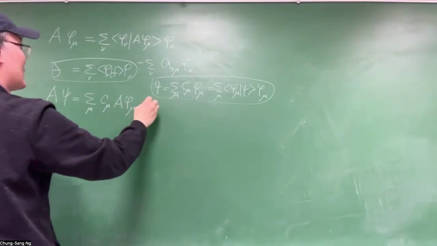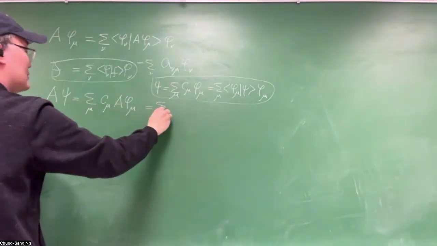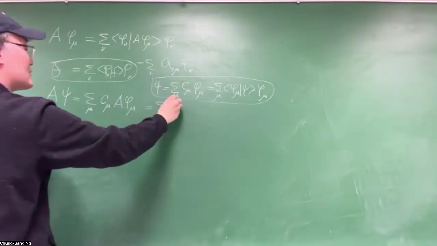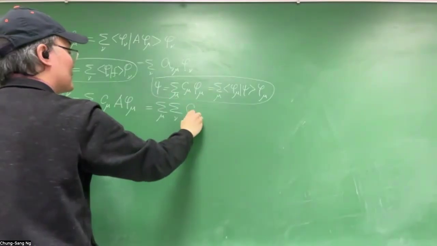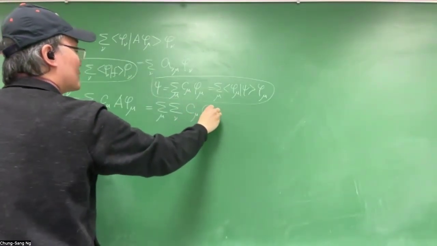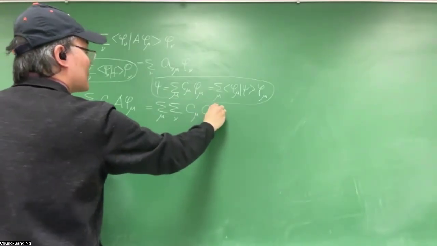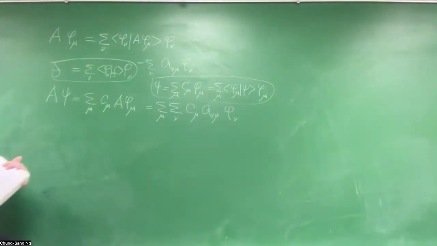We actually will probably do it both ways. Sum over mu, involving another sum over nu, C sub mu, A nu mu, and phi nu.